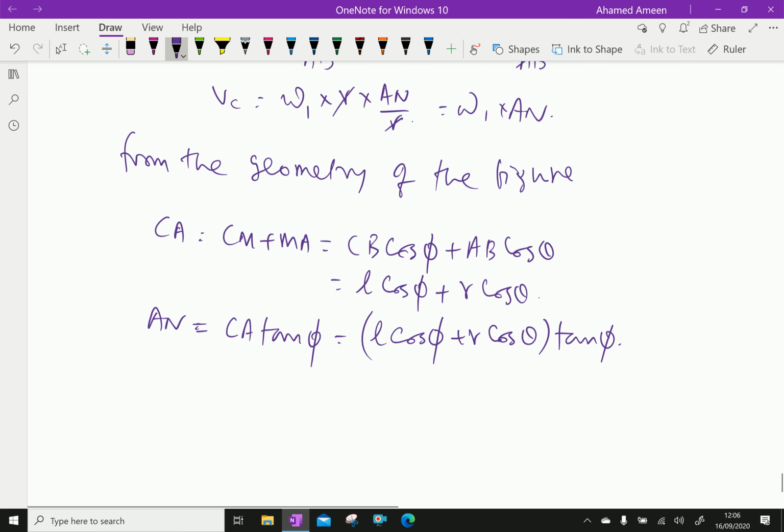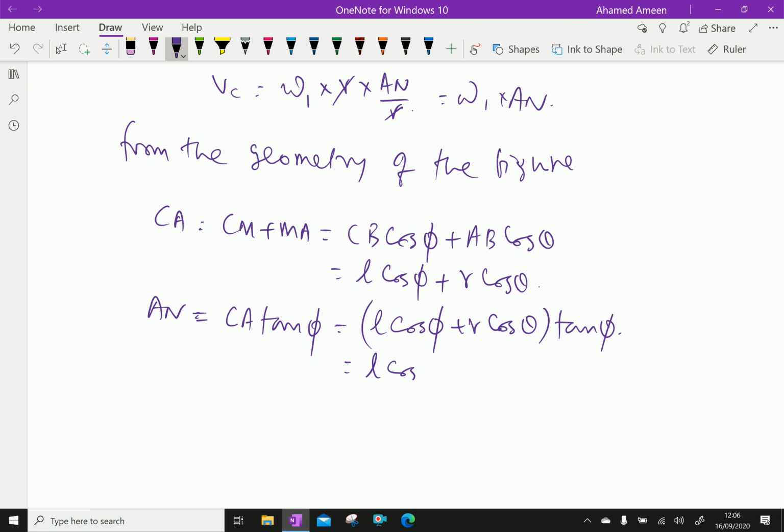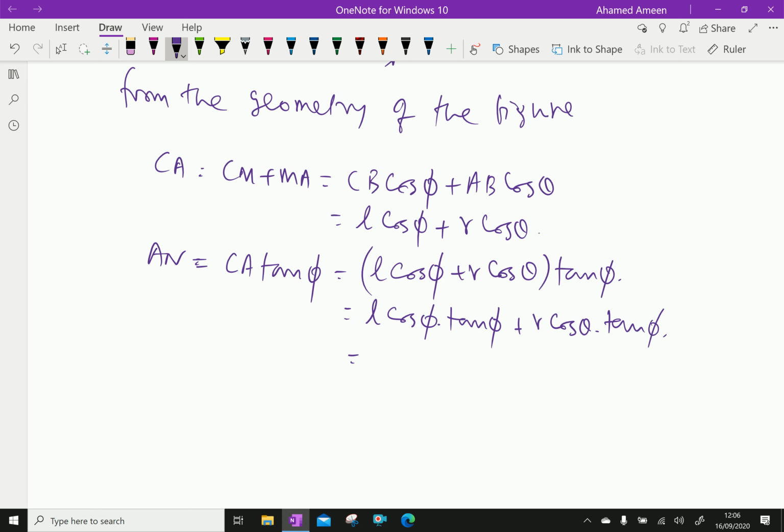Opening the bracket, L cos phi into tan phi plus R cos theta into tan phi. Expressing tan phi as sin by cos, the cos cancels. Therefore, L sin phi plus R cos theta tan phi.